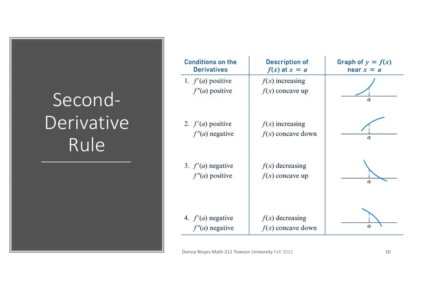Here I've given you some pictures and a chart to help remind you of what all this means. So what does our second derivative rule say? It says that if f prime of a is positive, then f of x is increasing. And if f double prime of a is positive, our function is concave up. So this is concave up, and it's increasing.